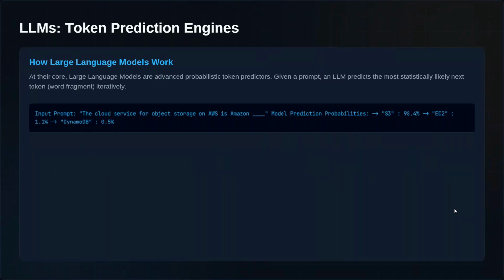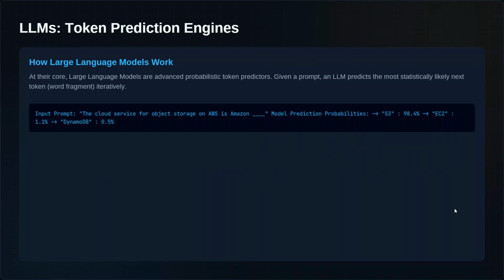It calculates probability distributions across its vocabulary and answers one fundamental question: based on all the text I was trained on, plus the prompt provided, what is the single most statistically likely next token? It generates that token, appends it to the prompt, and runs the calculations again. It repeats this loop thousands of times per second.